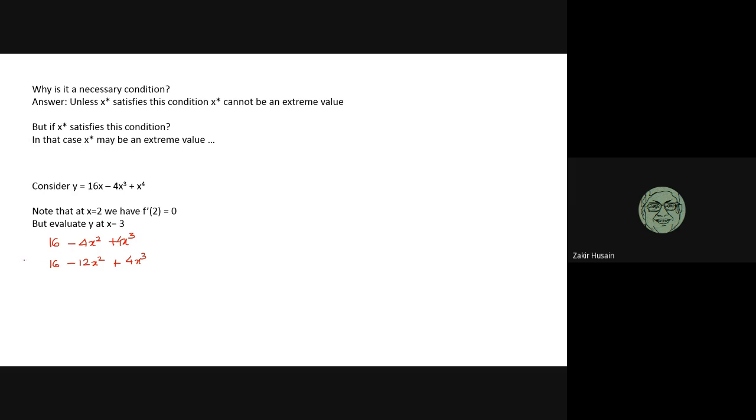This is the first derivative. If I put x equal to 2, we'll get 32 minus 248, and 8 4s are 32. So f prime is equal to 0. Okay.